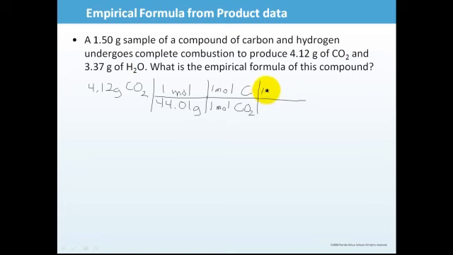So then our final step to get to grams of carbon is multiplying it by the molar mass of carbon, which again we mentioned a moment ago, 12.011 for every mole of carbon.